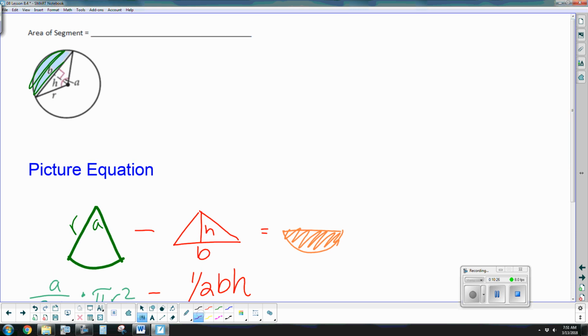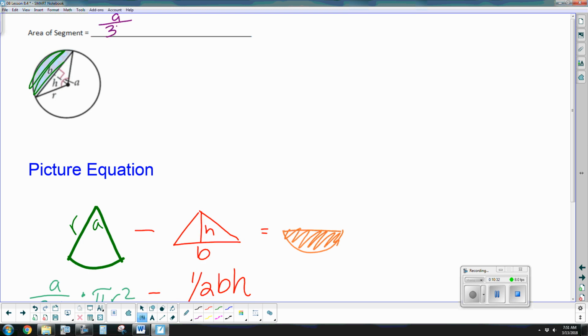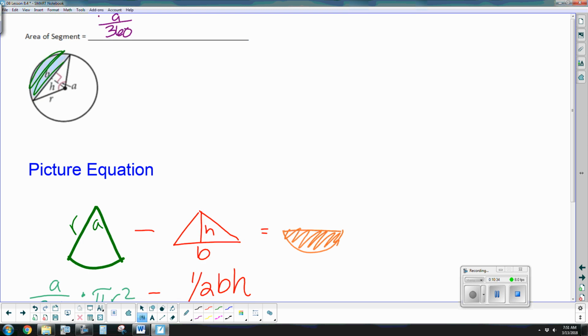So the area of our segment is A over 360 times pi r squared minus the area of our triangle, which is 1/2 base times height.